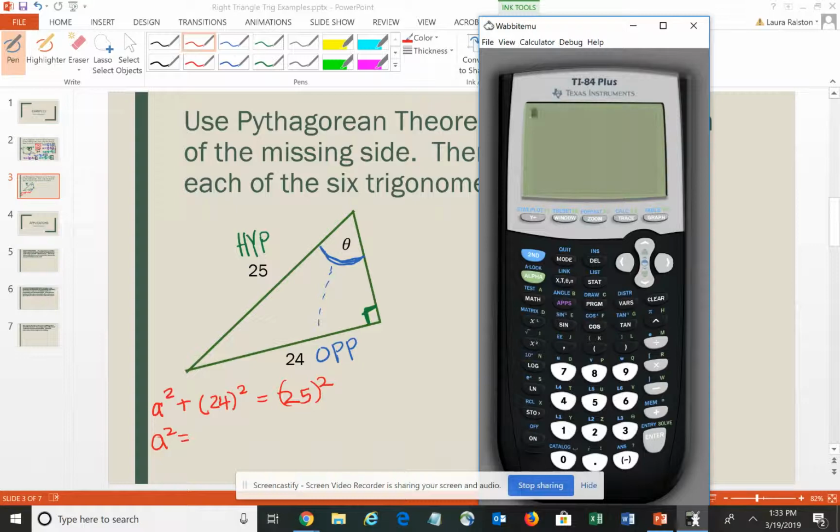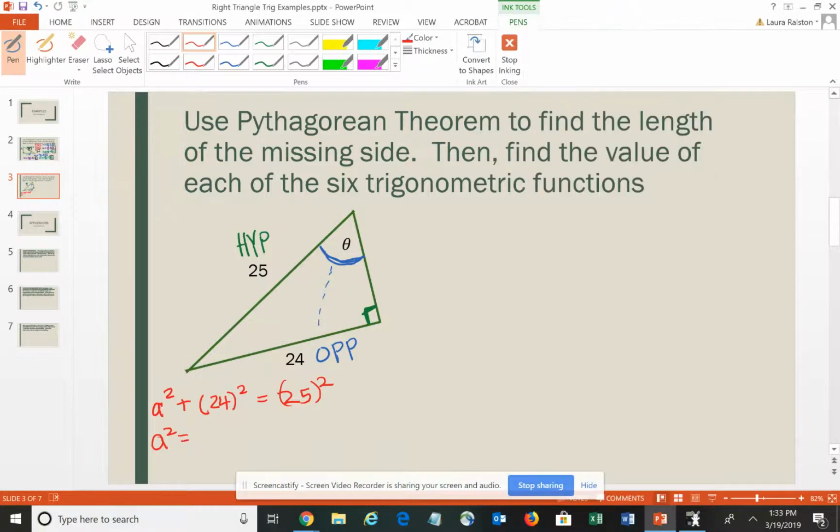Let's see, 24 squared is 576. So I have a squared plus 576 equals 25 squared, which is 625. I then need to subtract 576 from either side.